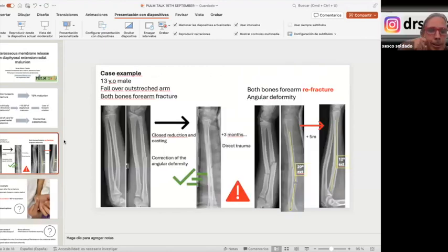Okay. Even if you go for 30 degrees, for example, I think it would make sense to first address the bony part and then see if you get enough forearm rotation. And if there is not enough forearm rotation after the osteotomies, you may think about releasing the interosseous membrane.